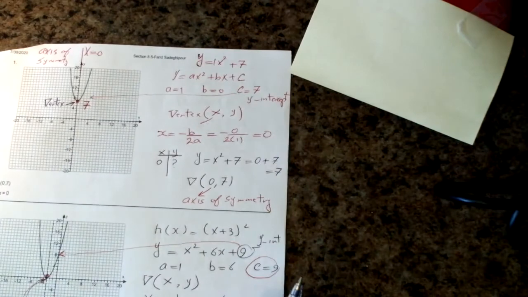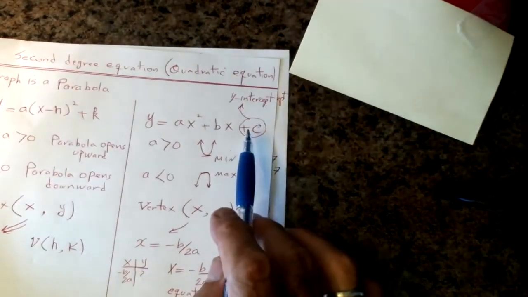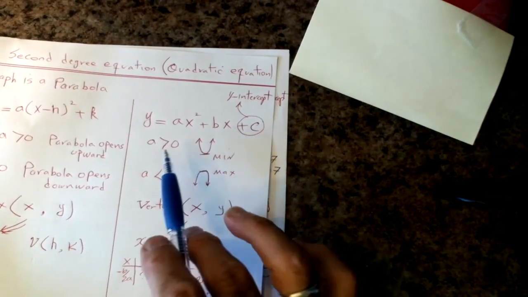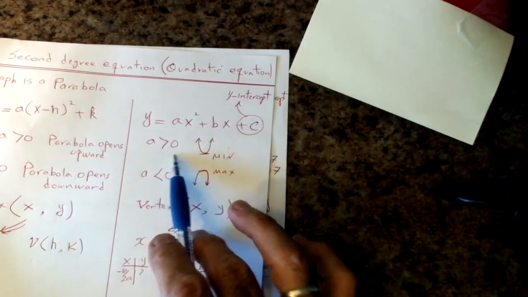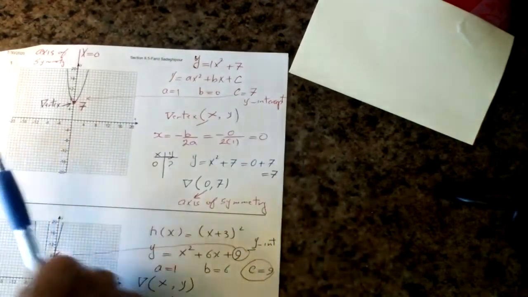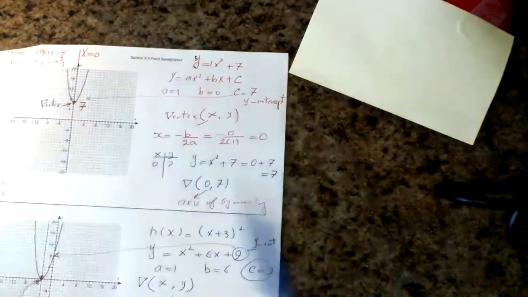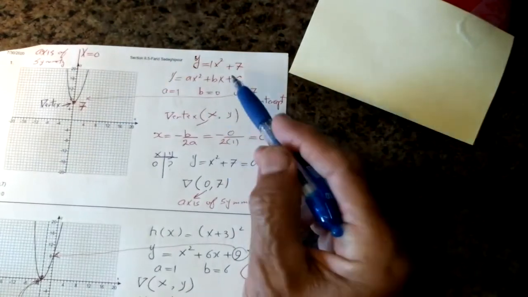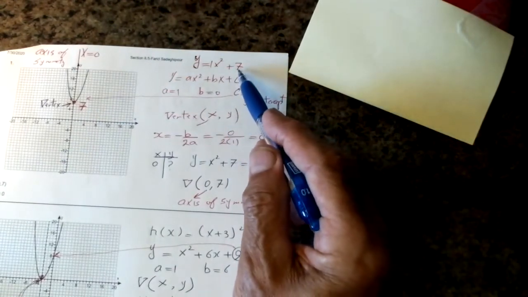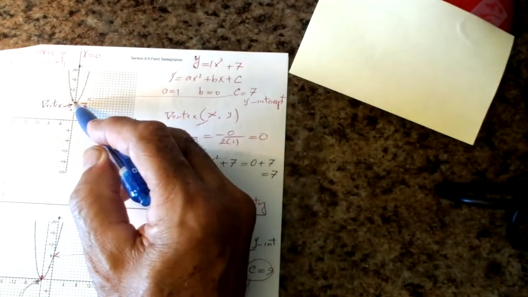You understand that when your equation is in this form, the c is the y-intercept. And also, if a is positive, the graph opens upward. See, a is 1. That means the graph opens upward.